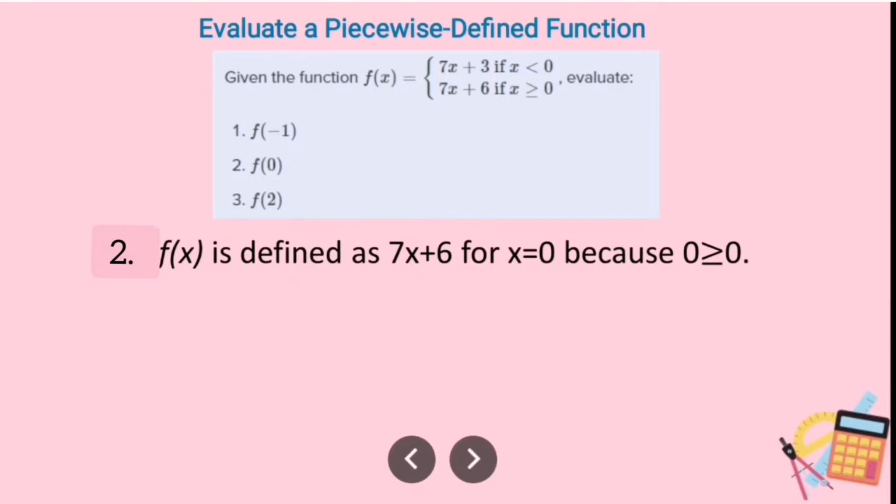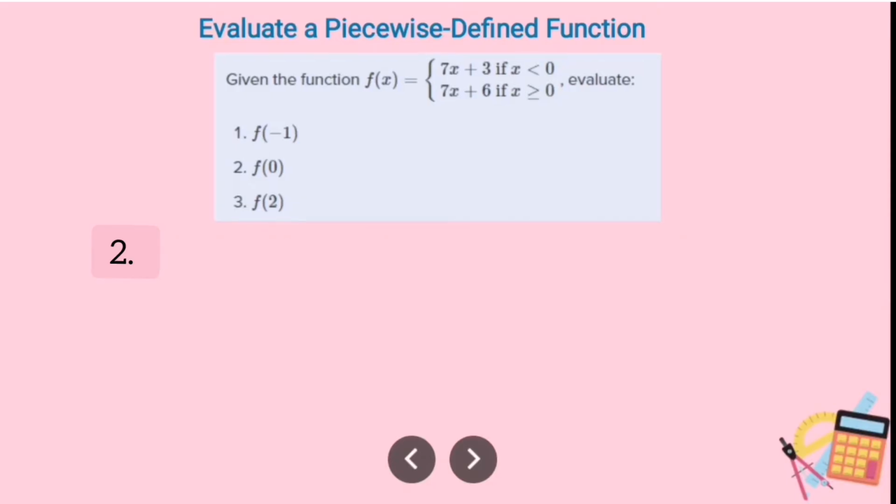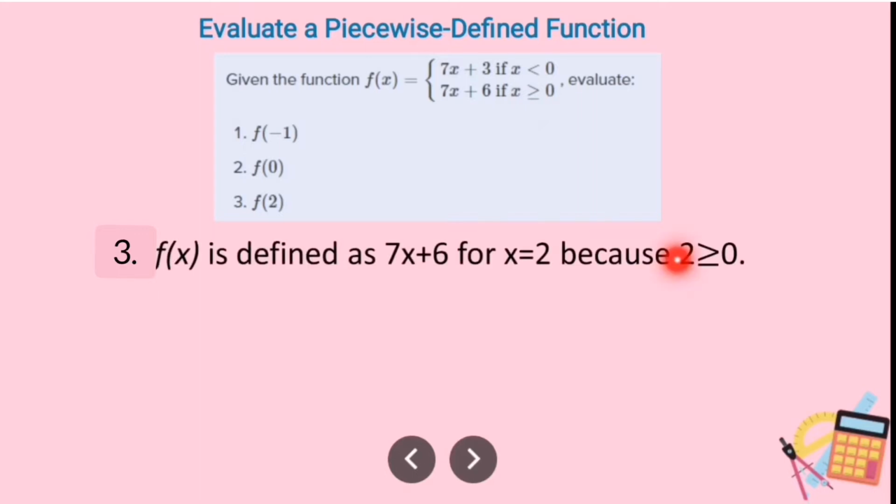Next, number 3, let us try to solve f of positive 2. So first thing that you will do is to find the interval where positive 2 lies. Is 2 less than 0 or is 2 greater than or equal to 0? It is greater than or equal to 0. So, we will use this interval 7x plus 6 because 2 is greater than or equal to 0.